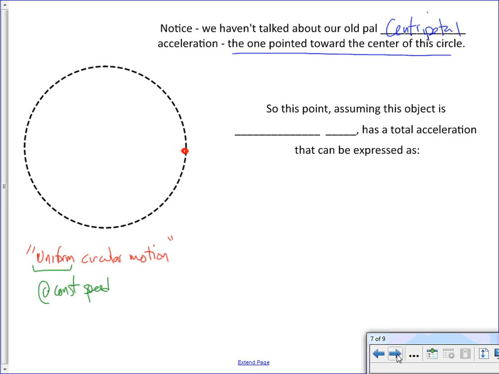So let's take an example where something's moving around a circle in that direction. At this point, it's moving this way. There's VT, right? Let's say at this point this object is speeding up.